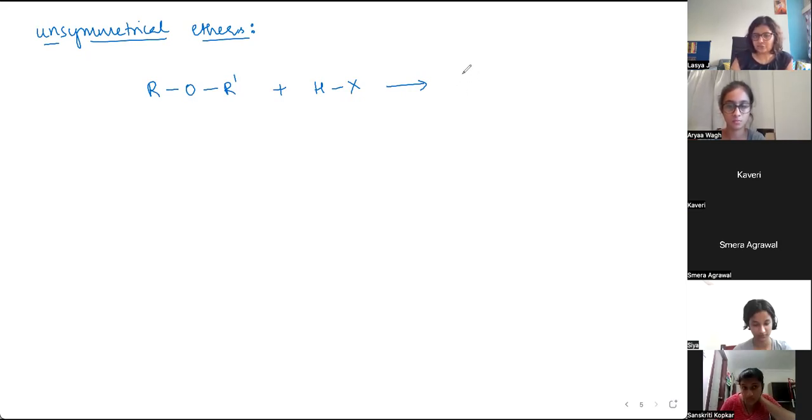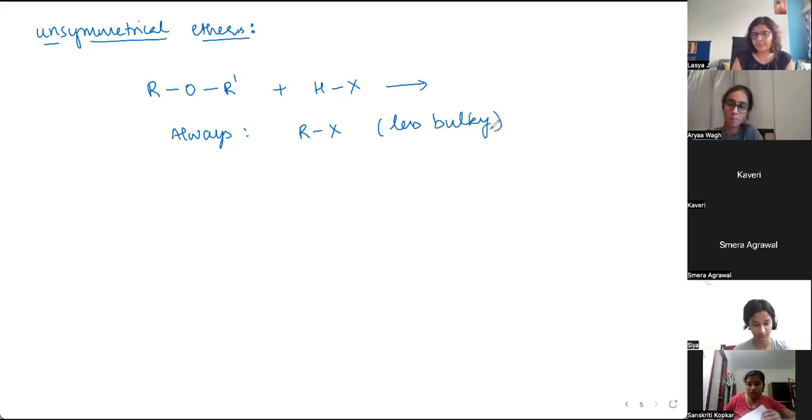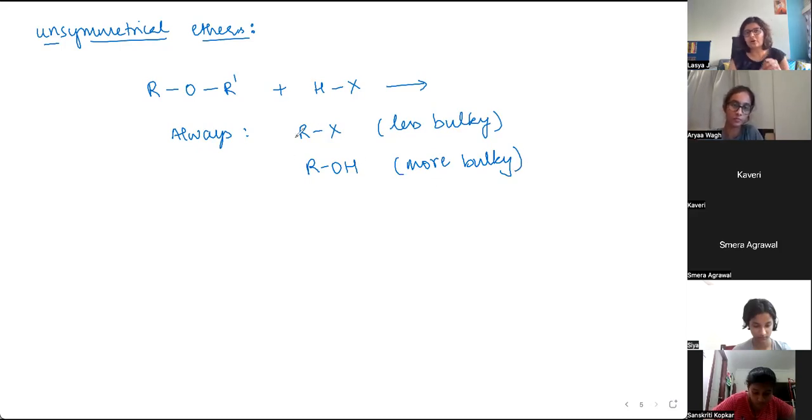The halide is always formed with the less bulky group, the smaller group, and the alcohol is always formed with the more bulky group. So the cleavage happens on the side where there are lesser number of carbon atoms.